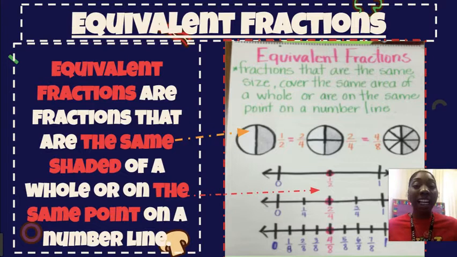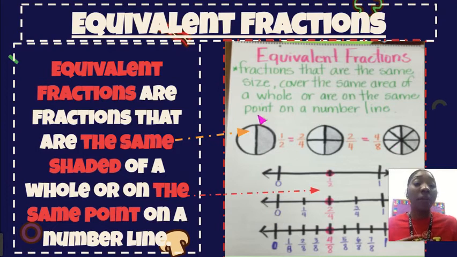So when we look at equivalent fractions, equivalent, you hear that word, equal, absolutely. And when something is equal, that means it is the same. So when you look at equivalent fractions, they are fractions that are the same shaded size or cover the same space of a whole, or are at the same point on a number line.